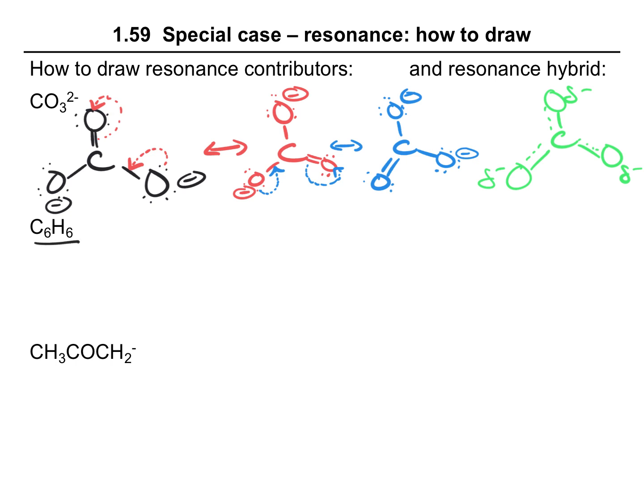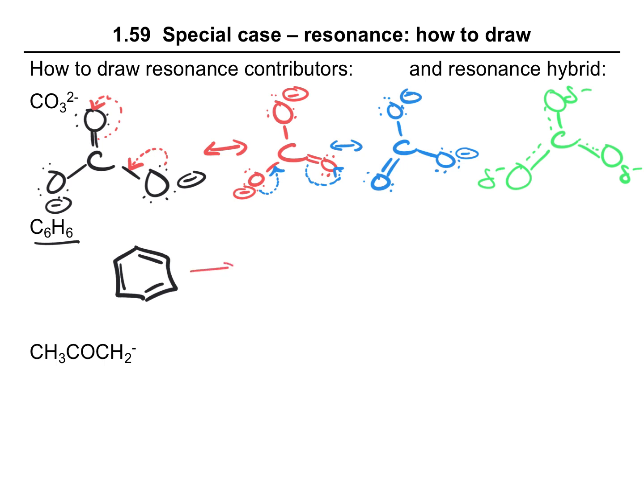Now for our next example, we have C6H6. This is benzene. And this exists as a six-membered ring where each carbon is connected to one hydrogen, and we can draw this with alternating single bond, double bond. All of these carbons are sp2 hybridized, which means we have the p orbitals so that it's possible for the electrons to be delocalized.